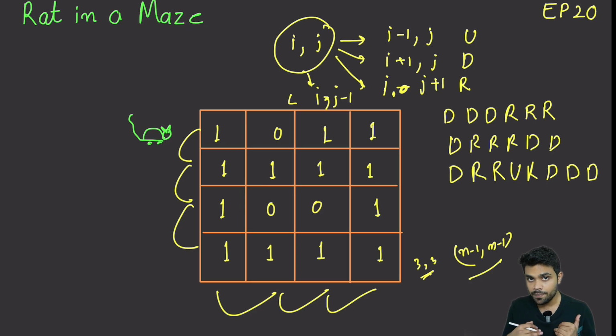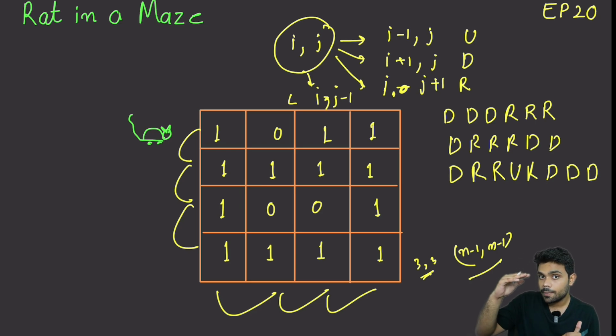I will tell recursion, okay, I am going up, and from that position you do the rest of the task. Then I will say, now I am going right and I am passing an R, and from this right position you do the rest of the task. Similarly, when I go down, I will pass D, and when I go left, I will pass L, and ask recursion to do the rest of the task from there. Things will become much clearer once we start coding this.